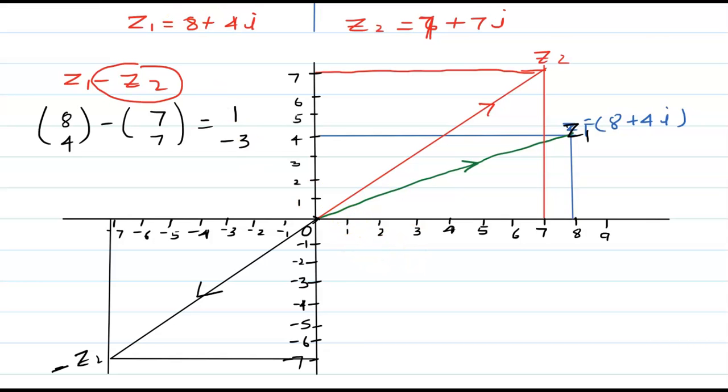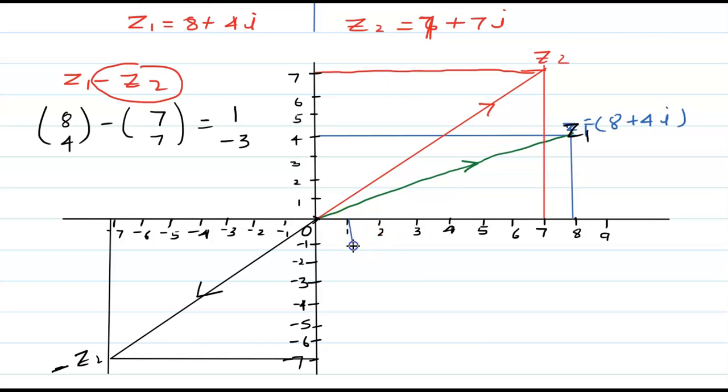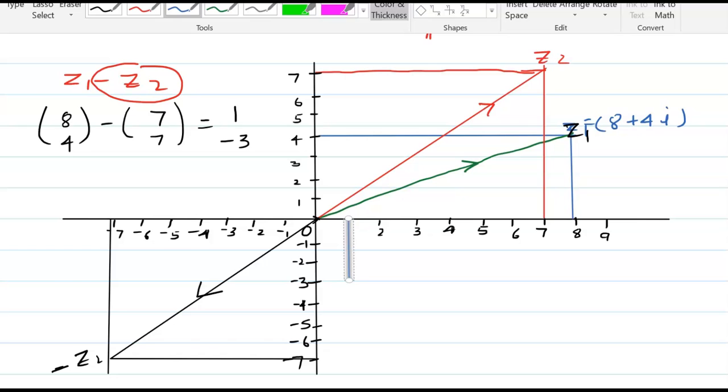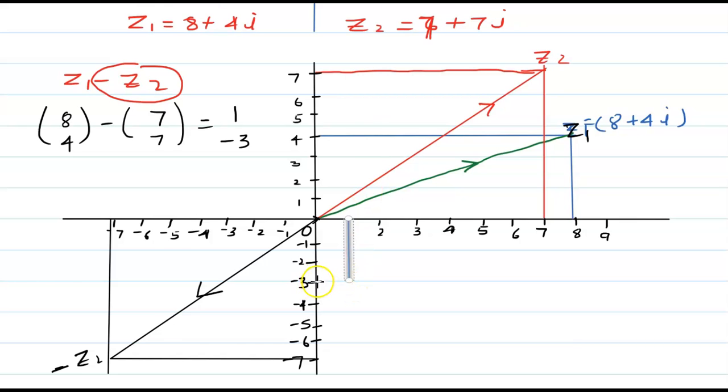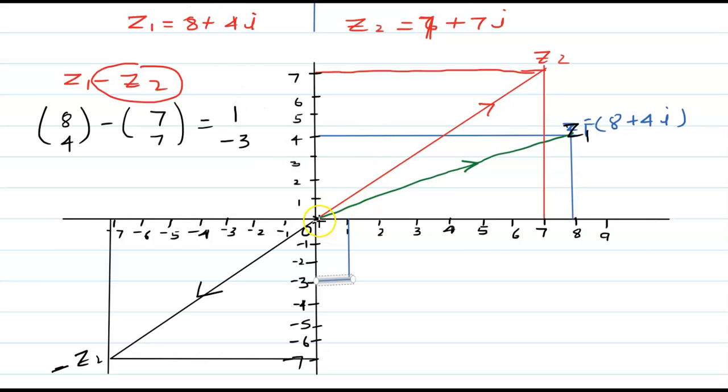So this is 1 and minus 3. So in front of 1, okay, and then the next line will be like this. So minus 3. So their resultant is given by 1 and minus 3. So you can join them.